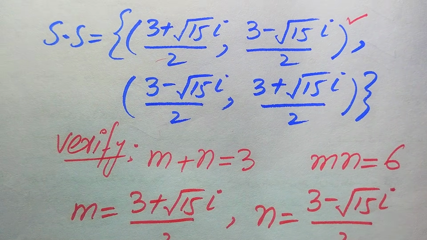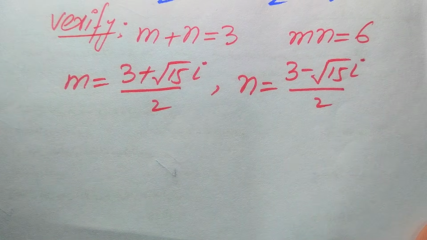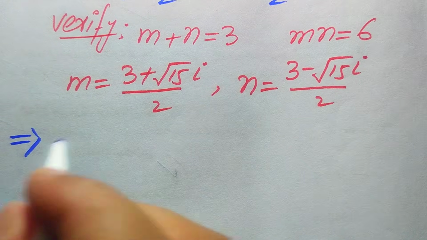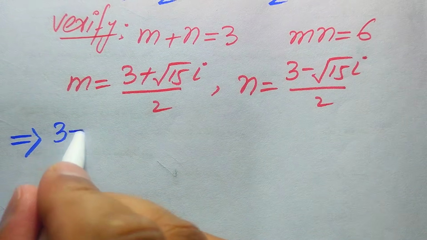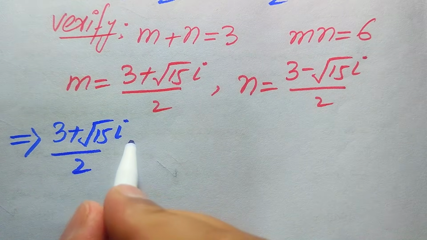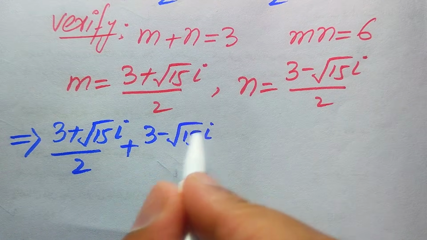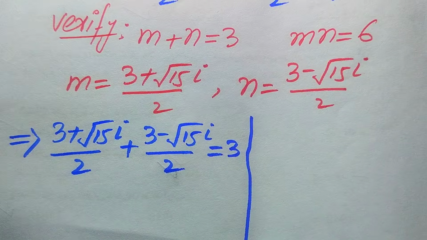So these are the two values of m and n, and further we use both of these two values in the above equation, and it will be written in this form. When we use both of these two values here, it becomes 3 plus square root of 15 iota divided by 2, plus 3 minus square root of 15 iota also divided by 2, and this is equal to 3.